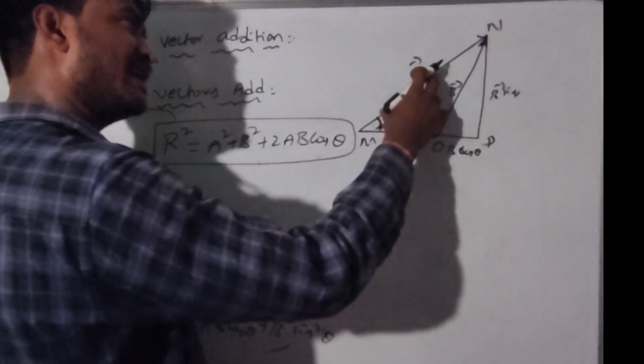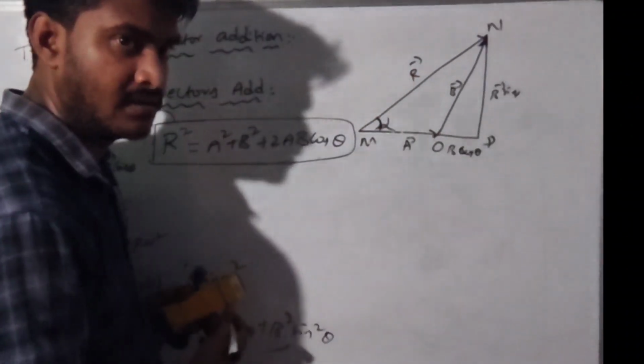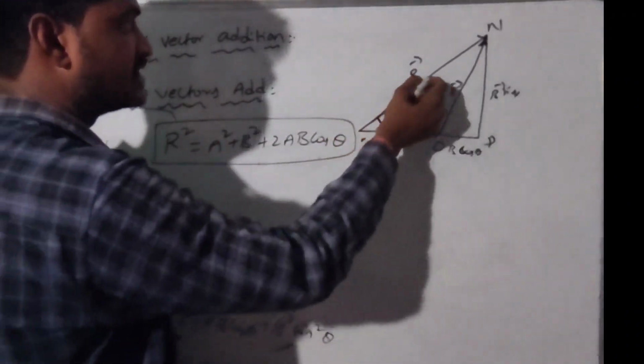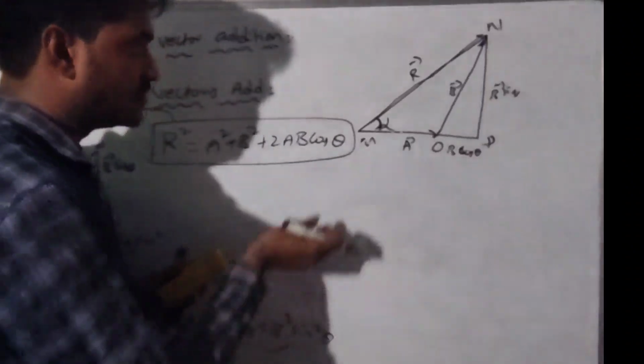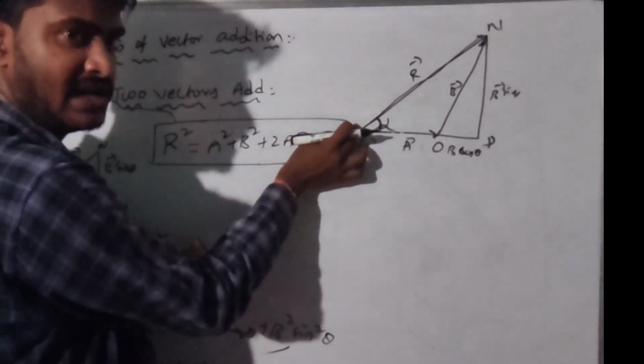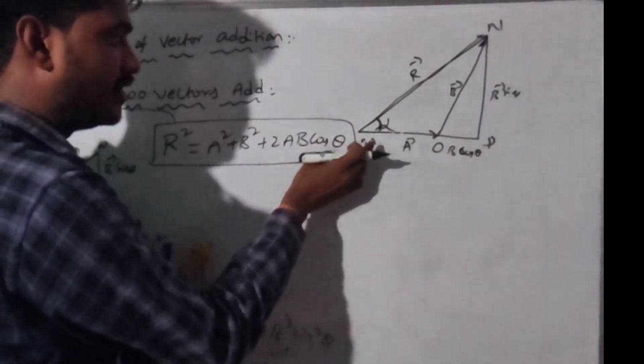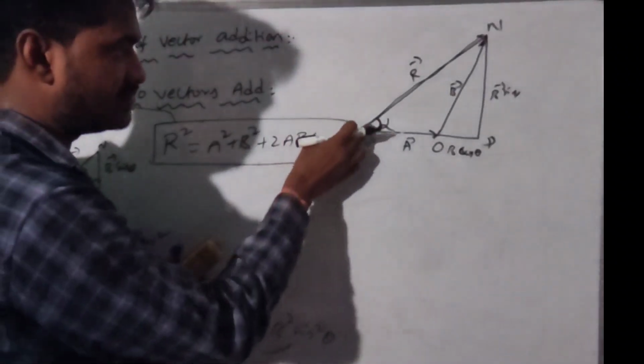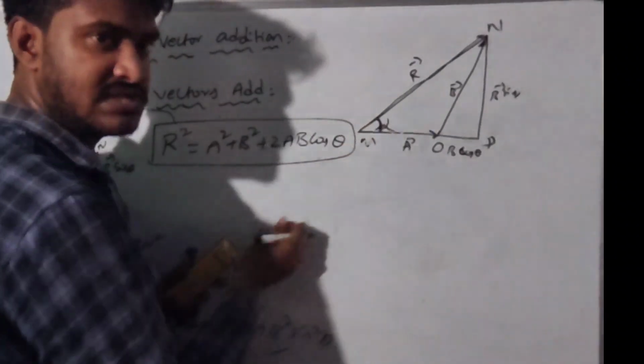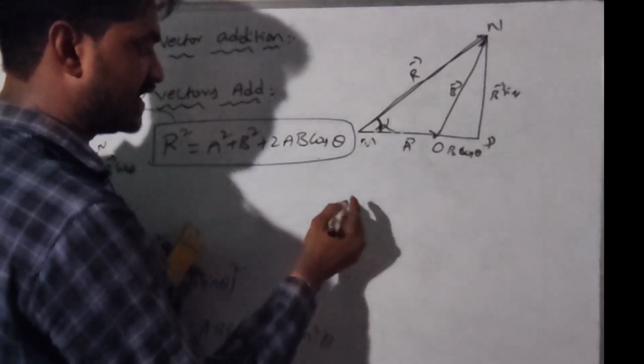The direction of the resultant is taken from this one. The tail of the resultant and the tail of the vector are joined here, so we take the inverse angle.